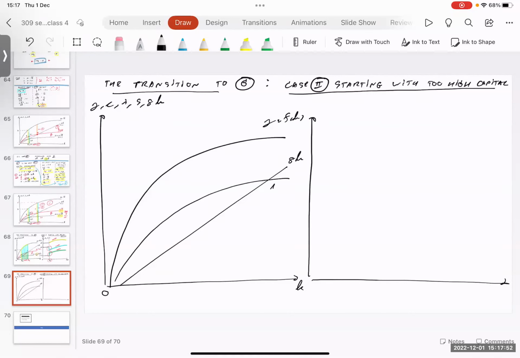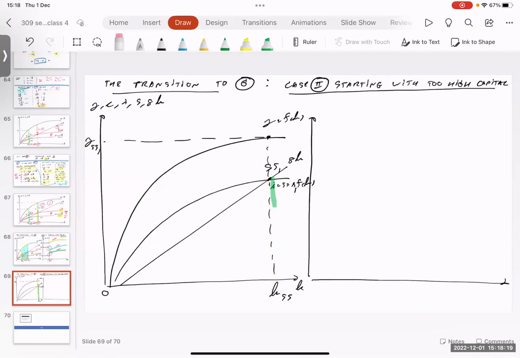This is I equal to S equal to s f(k), S1. C, this point is here. This is 1. You have too much capital. This is your output, y SS1. This is your output, the yellow color, output per worker.